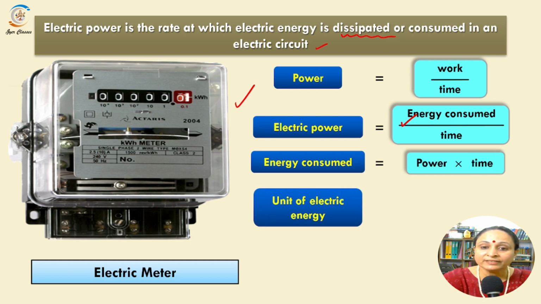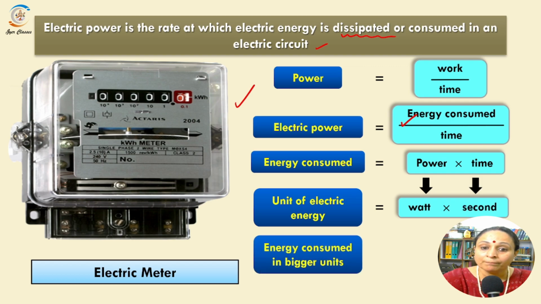So the unit of electrical energy, we know, is watt multiplied by second. But if it is in a bigger unit, it cannot be watt into seconds.